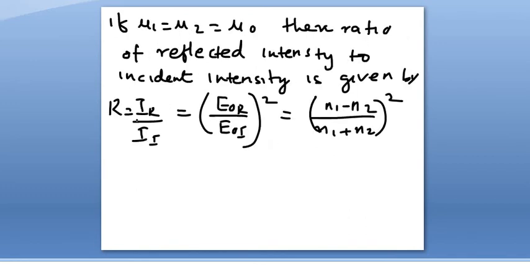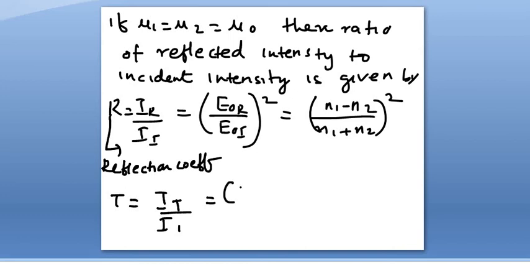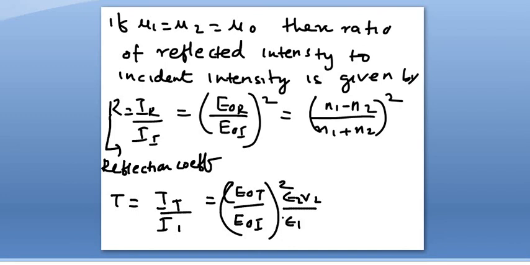So therefore, when you want to take the reflection coefficient, similarly, the transmission coefficient will be given by IT by II, again which will be E0T by E0I whole square, and there will be some more terms also, epsilon 2 V2 by epsilon 1 V1, and this will be given as n2 by n1 times 2n1 by n1 plus n2 whole square.